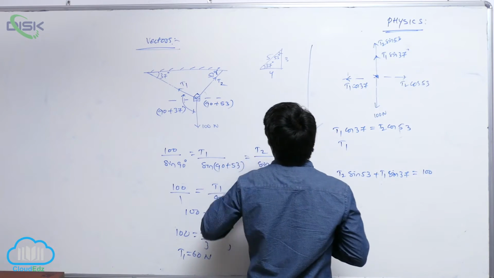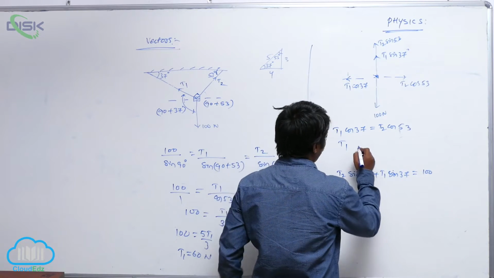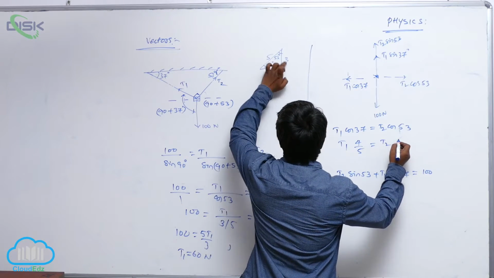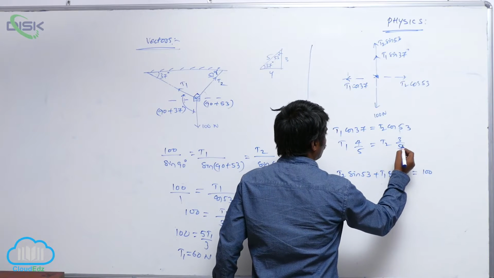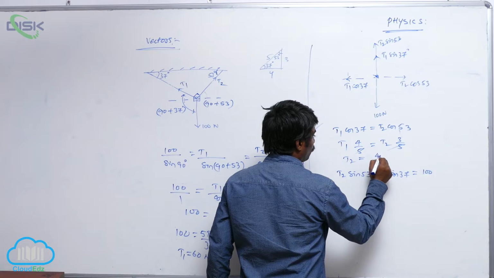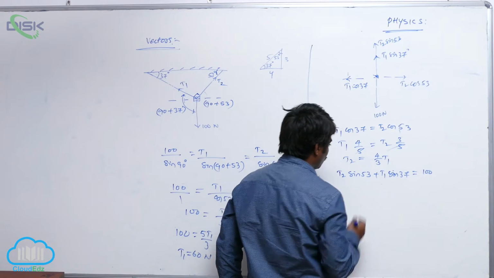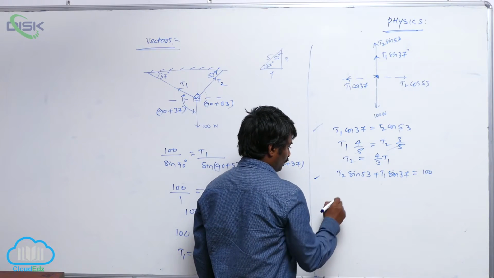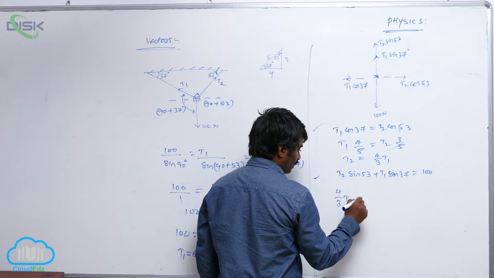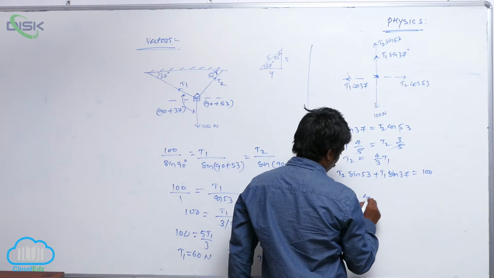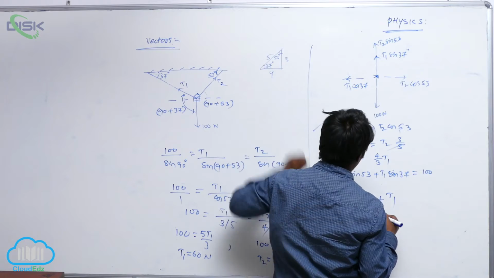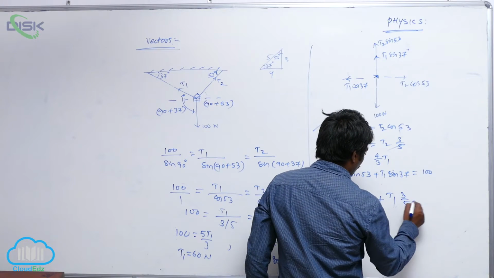So T1 cos 37 is 4 by 5. T2 cos 53 is 3 by 5. So 5 cancel, so T2 is equal to 4 by 3 T1. That is substituted in this equation. So T2 is 4 by 3 T1 and sin 53 is 4 by 5 plus T1 sin 37 is 3 by 5 is equal to 100.